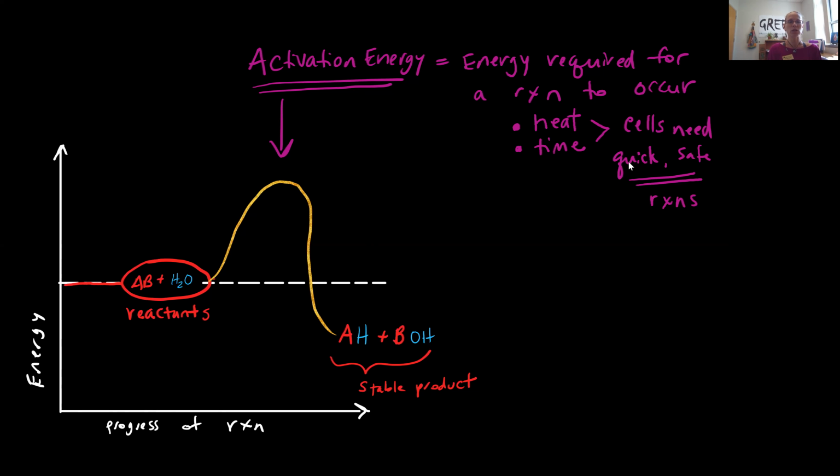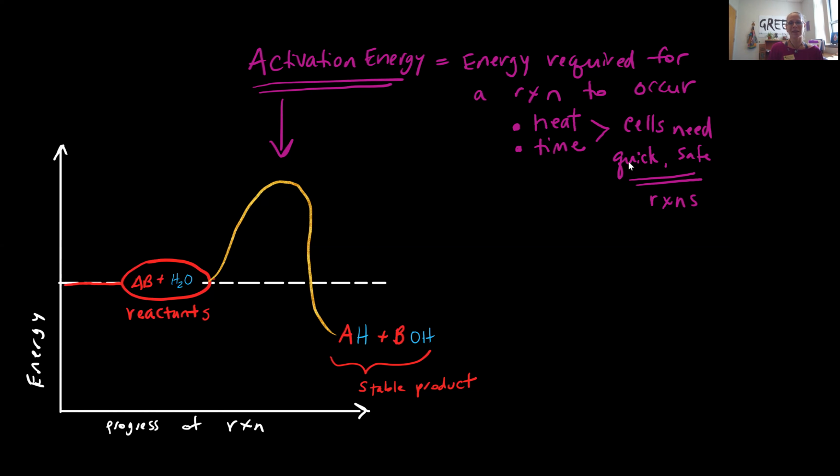Now, the amount of energy that is required to actually get this reaction to happen is called activation energy, or energy of activation. You can say it either way. If we're talking about this in your lab or in the cell, usually this activation energy is going to require some heat, and it's going to require some time for these reactions to happen.